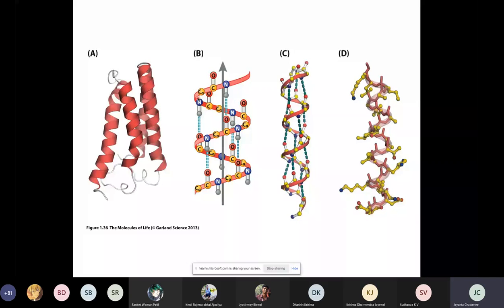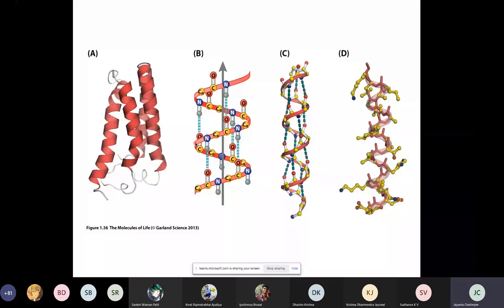If you hop from this point to this point, you will come across 3.6 amino acids. How many amino acids? 3.6 amino acids. And if you measure the distance of these 3.6 amino acids, it turns out you have covered a distance of 5.4 angstrom. So now you know that 3.6 amino acids in an alpha helix translates to 5.4 angstrom of distance.